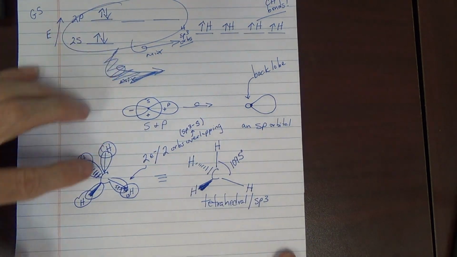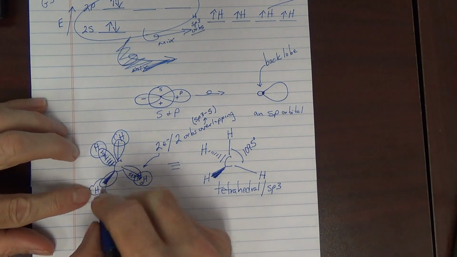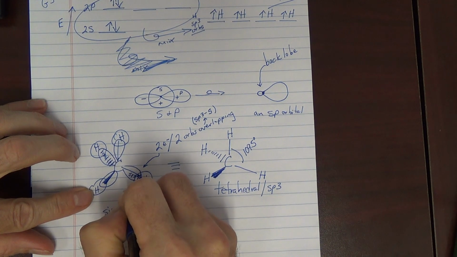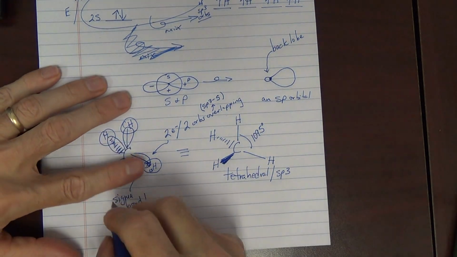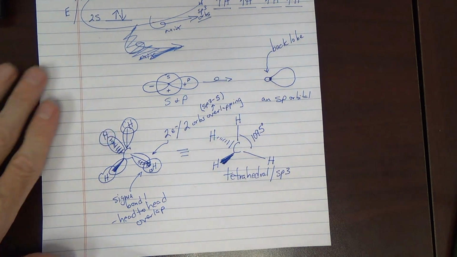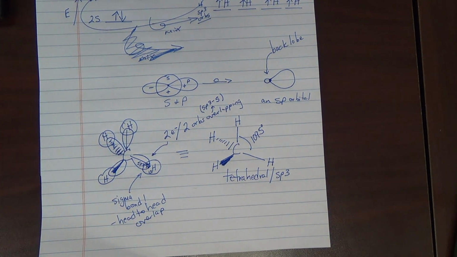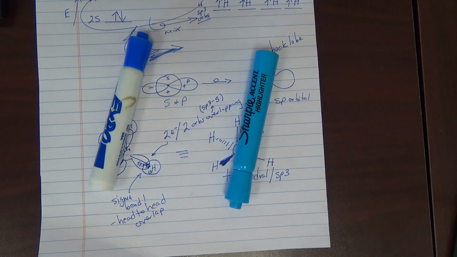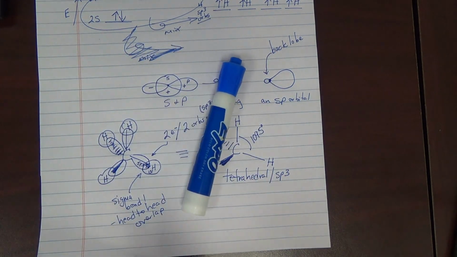Now importantly, what type of bond did we make here? This is a sigma bond. And a sigma bond comes from head to head overlap of the orbitals. All right? What does head to head mean? Well, what if I bonded these two together? Or I'll get two of the same, so hopefully they'll bond together.